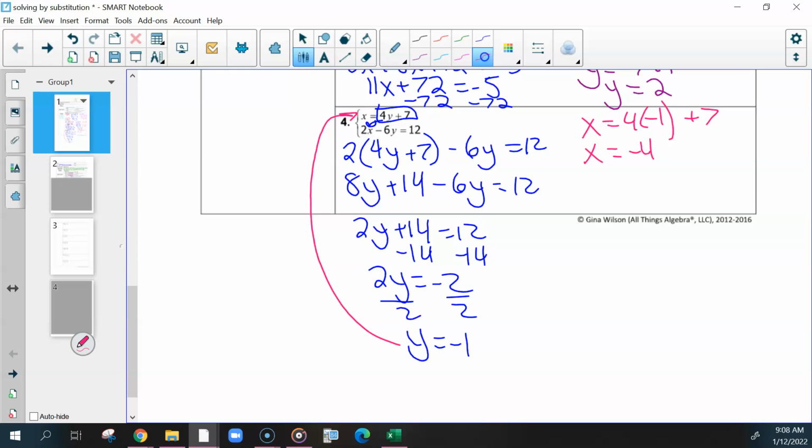This would give me negative 4 plus 7, so this would be positive 3. Remember that we solve for y first. So when we write our ordered pair, you have to switch it in the order you found. So 3, -1, as our final answer.